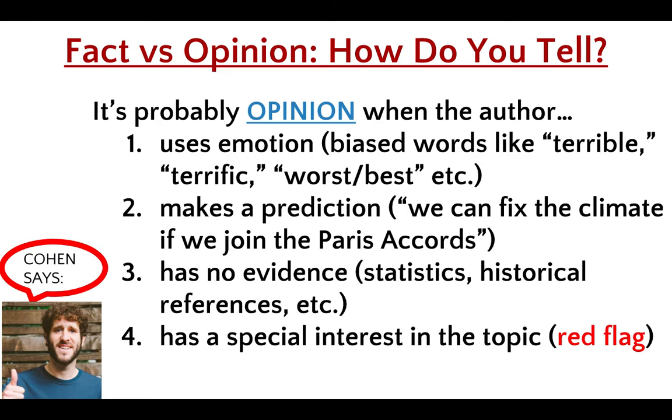So if there's a text about climate change and the author is a professional environmentalist, that doesn't mean that he won't use facts, but it means that you should be on the lookout for opinion. Same thing if you're reading a text about gun rights and the Second Amendment. If the author is a member of or works for the NRA, that's also the same sort of thing. You should just be expecting that you're going to encounter some opinions.